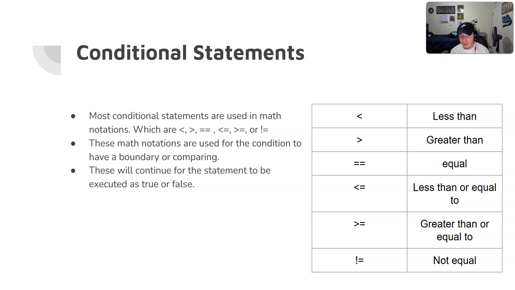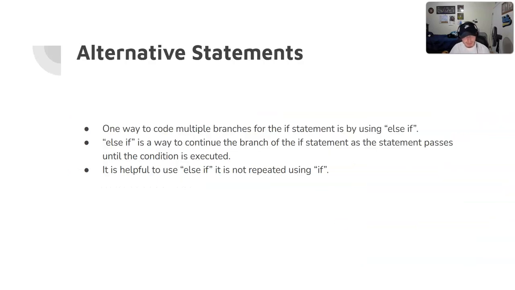So each number, character, or string has a certain boundary for what condition can be executed. These continue for the statement to be executed as true or false in each if or else statement.